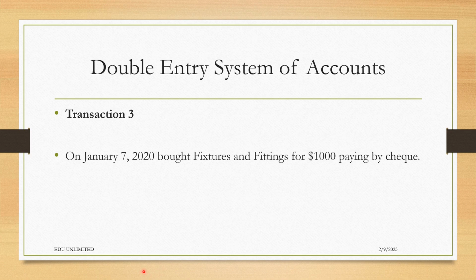Transaction 3. On January 7, 2020, we bought fixtures and fittings for $1,000 paying by check. First of all, as usual, we look at the two accounts concerned. The first account is an account called fixtures and fittings.